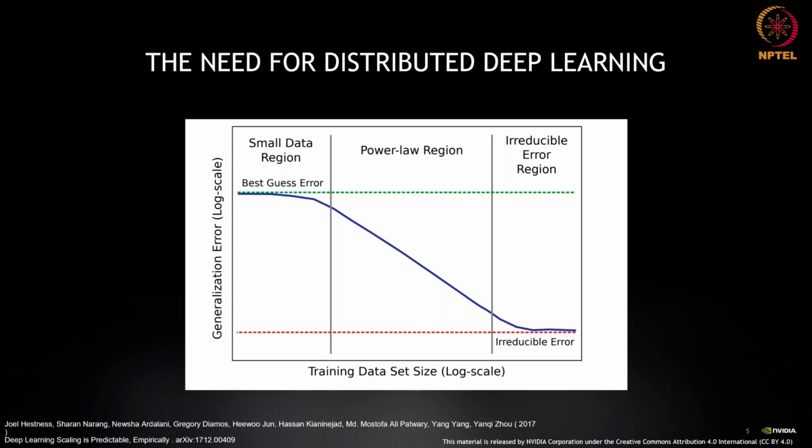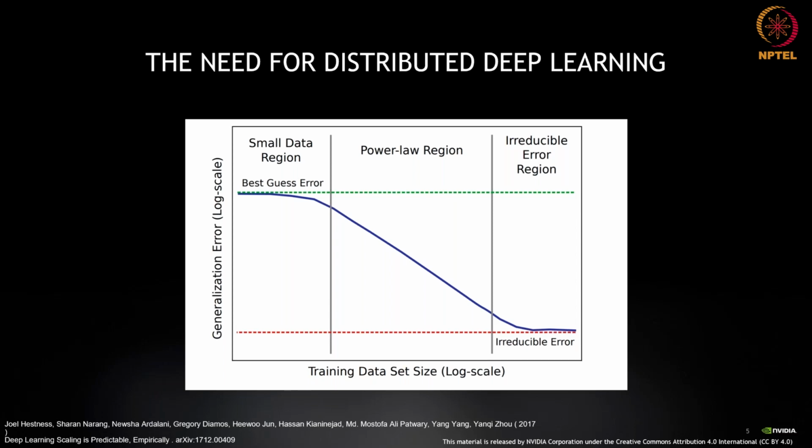On the extreme left, what you see is the small data regime, and you can see the error is not getting better and better, but it reduces with the increase in the data set size. But after a certain level, that error becomes irreducible as well. So it is estimated that we are currently in the power law region, and we can notice how the generalization error reduces with the increase in the training dataset.